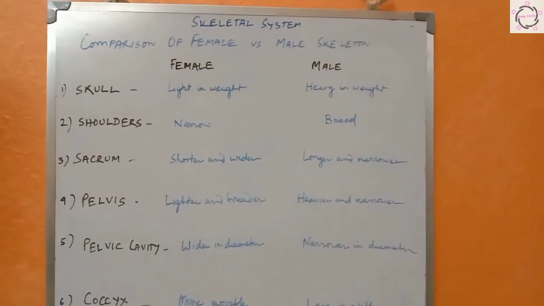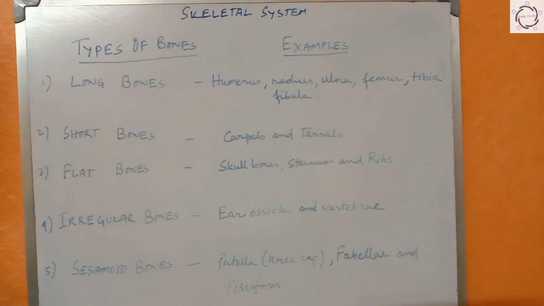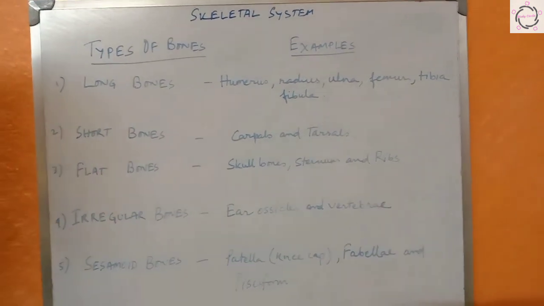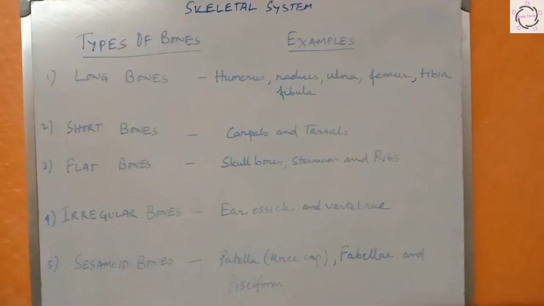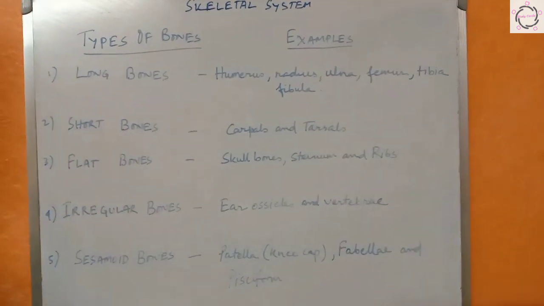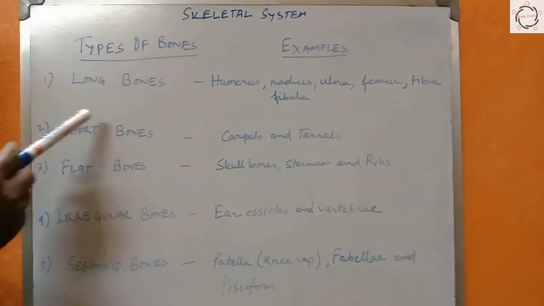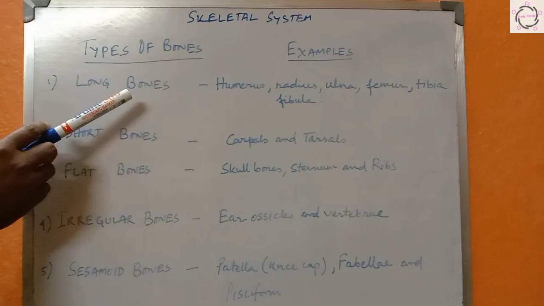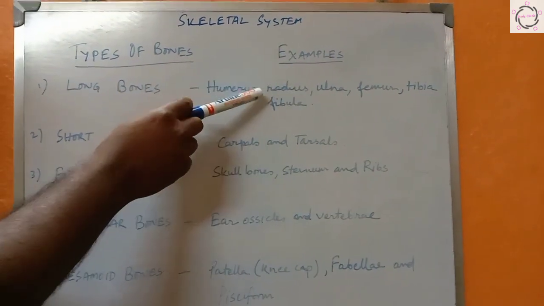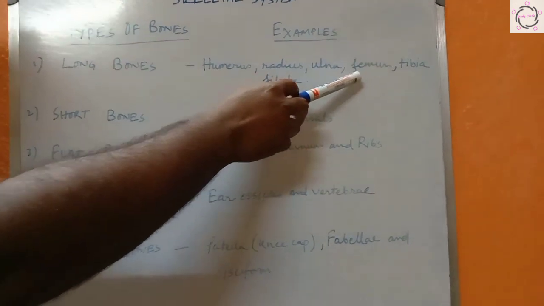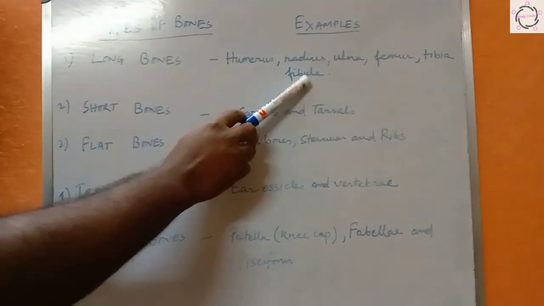That was the comparison of female versus male skeleton. Now I have made a comparison of types of bones and examples. It is often important, so I have brought it to you. Different types of bones present in the human body: long bones, examples are humerus, radius, ulna, femur, tibia, fibula.